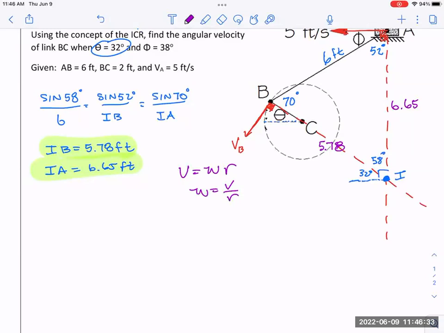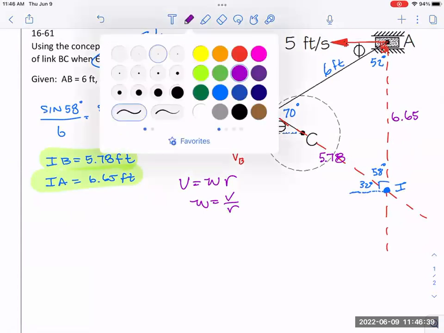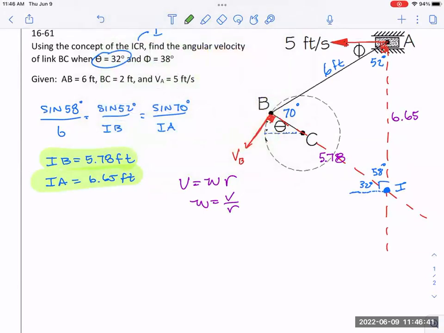And since we said those two angular velocities are equal, does it make sense that I could just write then that the linear velocity of 5 feet per second, divided by its radius, which is 6.65, would have to equal the linear velocity of the other one divided by its radius? Does it make sense? I could do it like that if I wanted to.